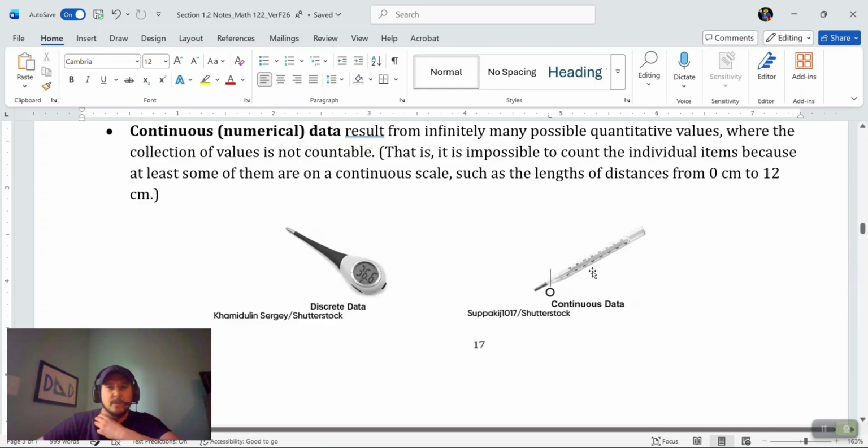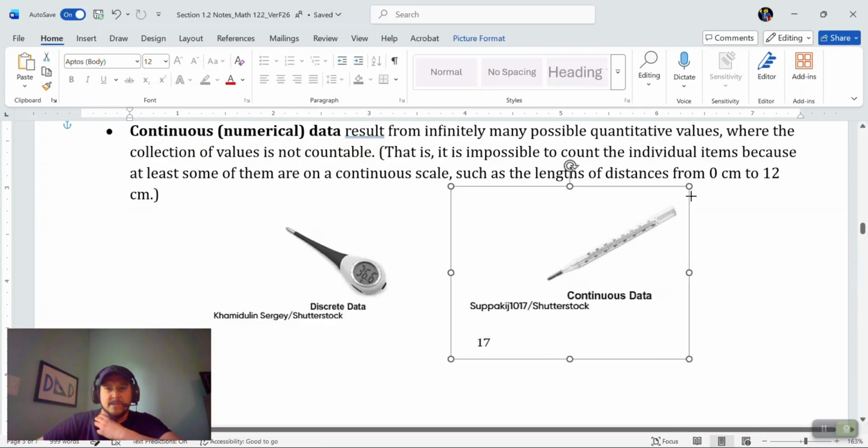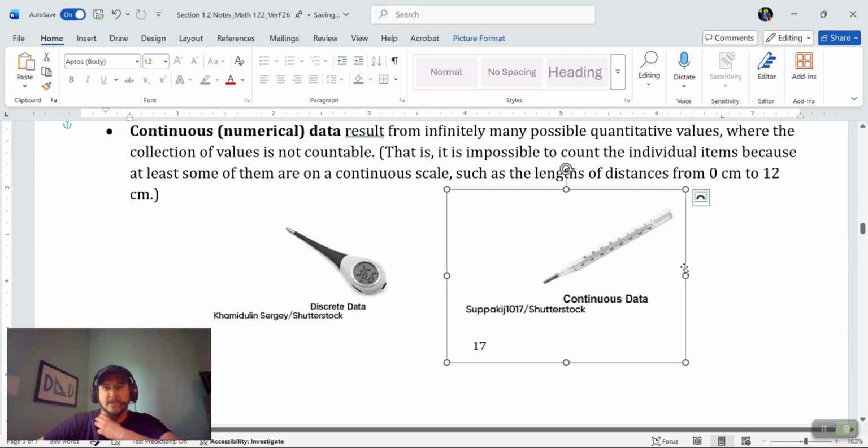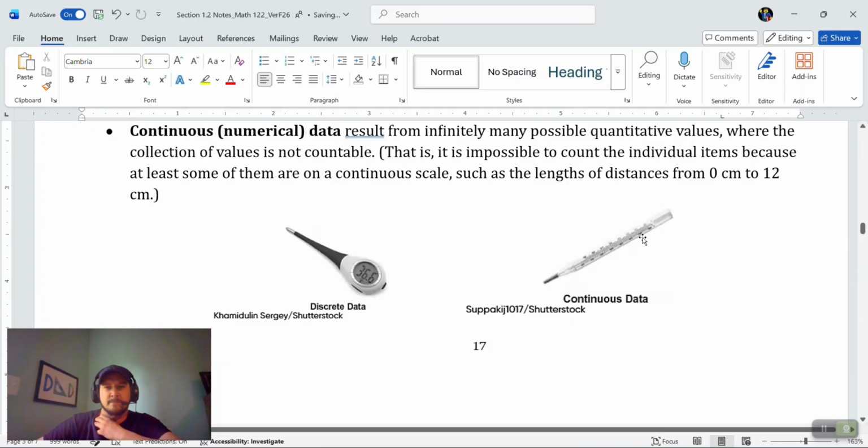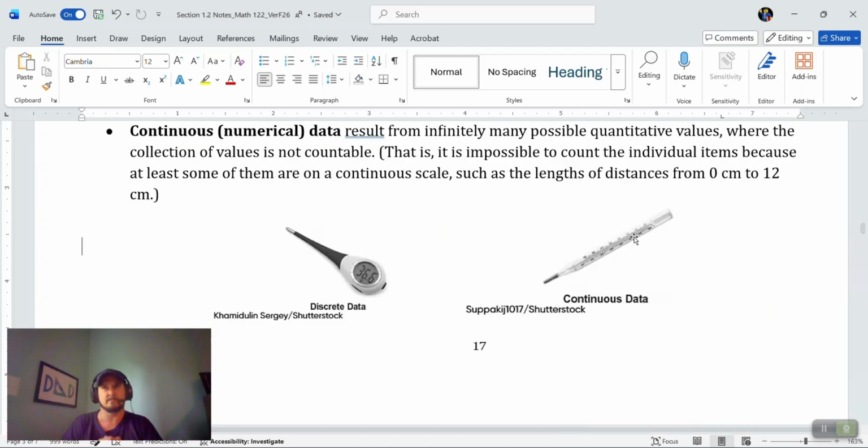All right. Whereas, if you have this type of thermometer, it's a little hard to tell, but you can be a lot more accurate with this sort of scaling. And I like to think of it that way: when the spectrum becomes nearly complete, that's continuous.